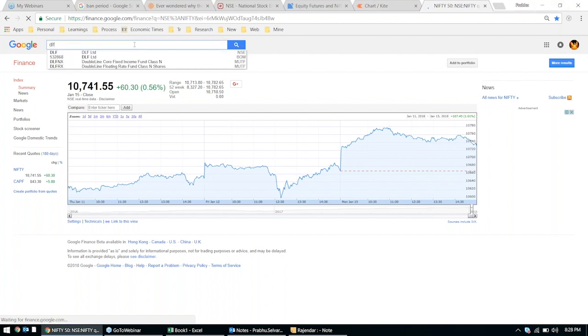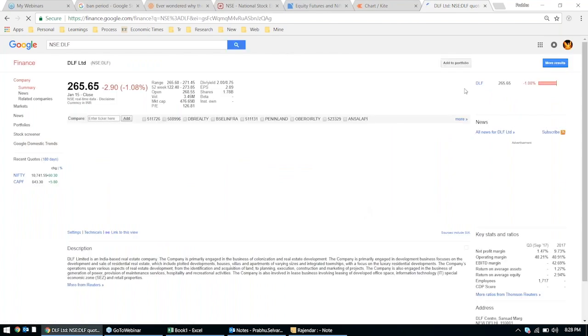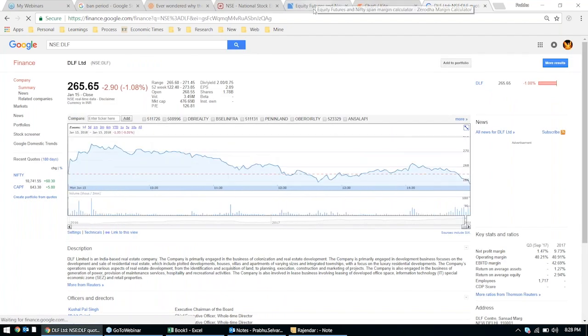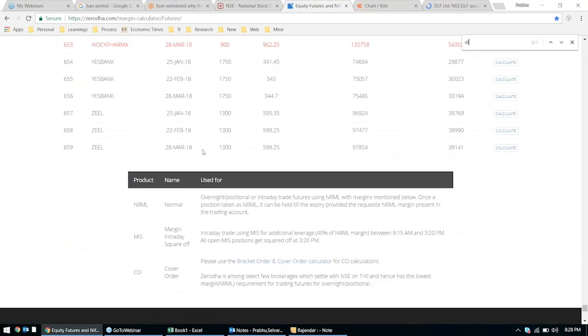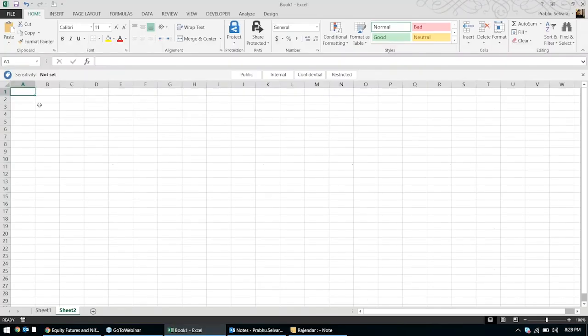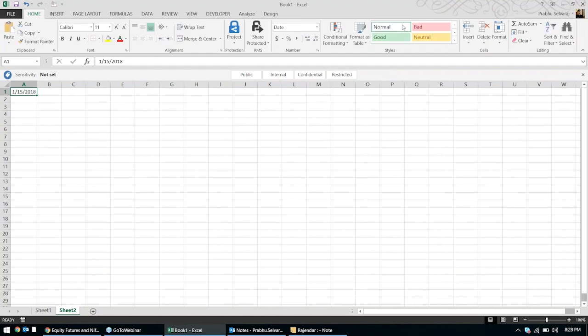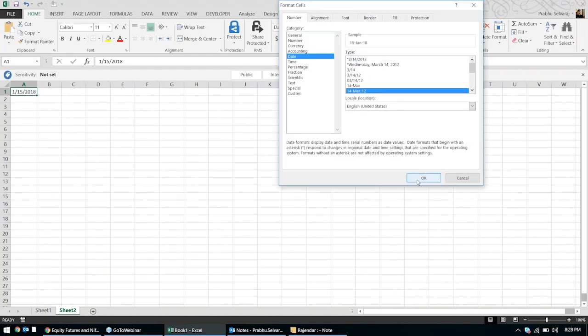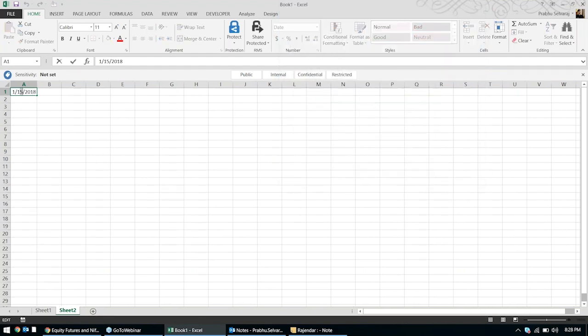So DLF, I usually take this only. Let us go to what is the DLF? Okay, DLF stocks, the lot size is, guys, 5,000. Okay, 5,000 is lot size. I mean, let it be expensive and all, doesn't matter. We just need to see what is the difference between buying and selling. So, for example, today, we consider the date as Jan 1st.